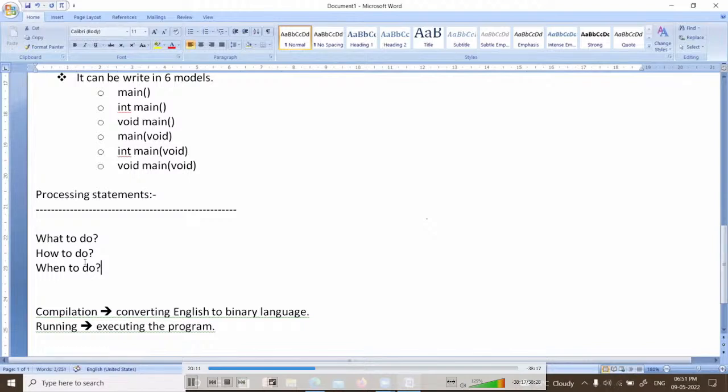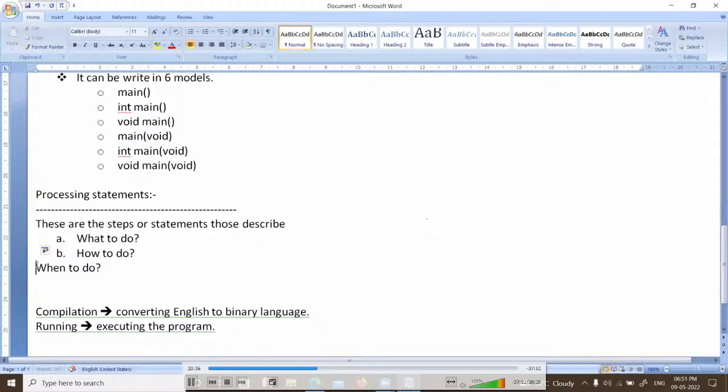So these are the steps or statements that describe, that is, explain, what to do, how to do, and when to do, in order to solve a problem. Why do we have to write this code?